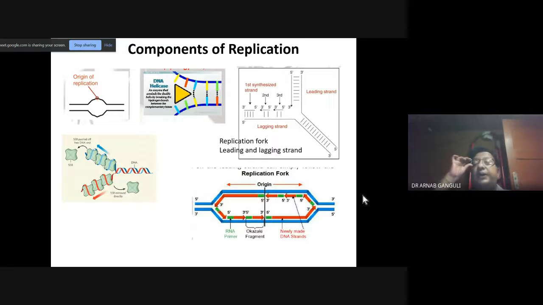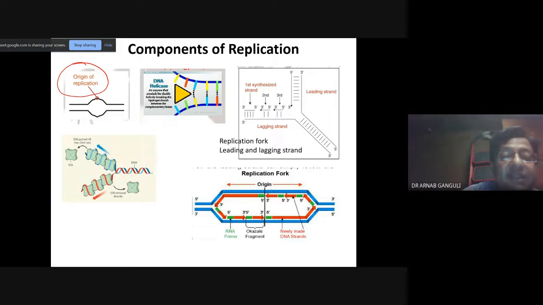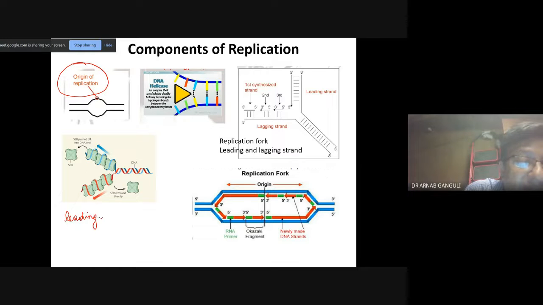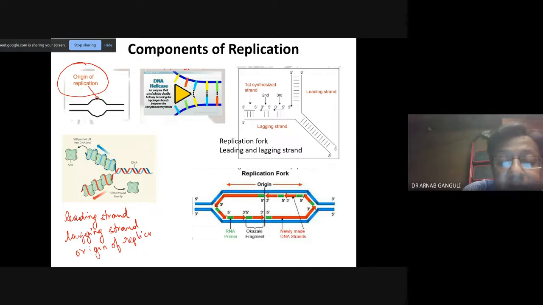So here are the components which we are talking about for replication. First, you have talked about the origin of replication. So this is clear. What you now understand is what is leading strand, lagging strand, origin of replication, then replication fork.